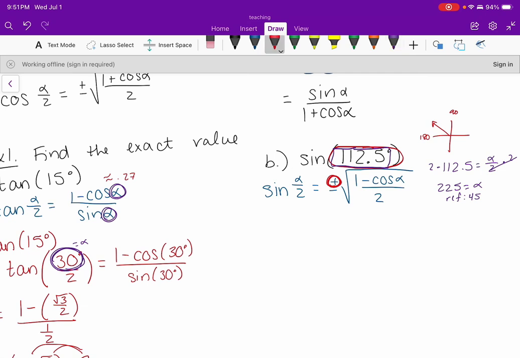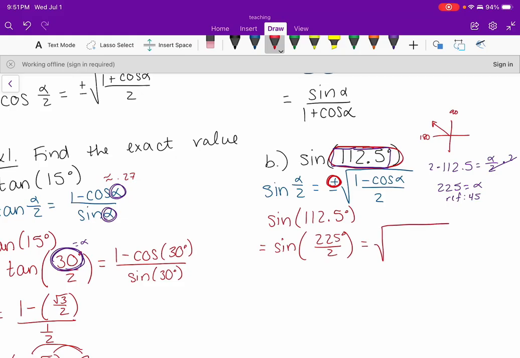So now I'm going to plug in my identity. I have sine 112.5 degrees is equal to sine 225 over 2. It's the left side of my identity. Now I'm going to plug in my alpha into the right side. And we have that positive that we chose because it was in quadrant 2.